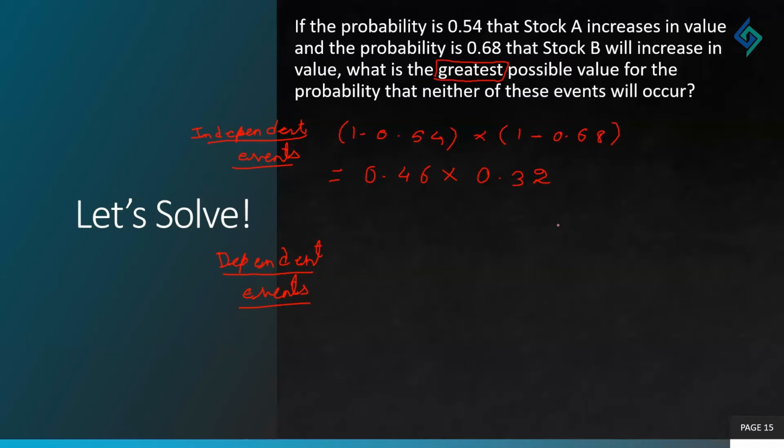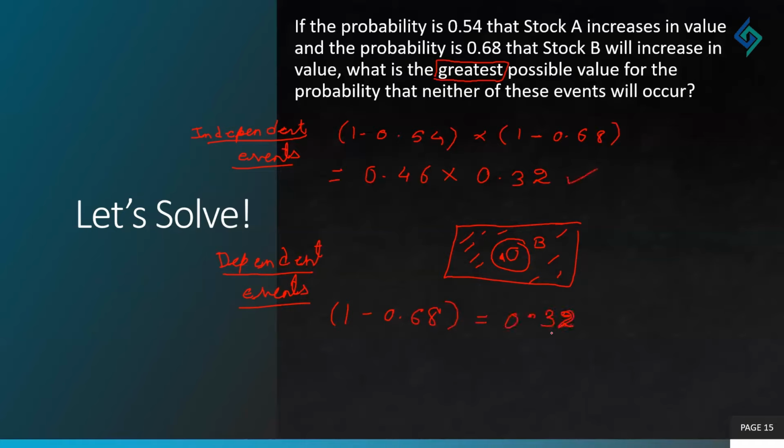And of these, the probability that neither will increase will be greatest when one is completely dependent on the other. The smallest set should be stock A increasing, which should be a subset of stock B increasing, because stock B increasing has got more probability. In this case, neither stock A nor stock B increasing will be the outer area which is outside the probability of stock B, which means that the value for the probability that neither stock A nor stock B will increase will be simply 1 minus 0.68, which is equal to 0.32.